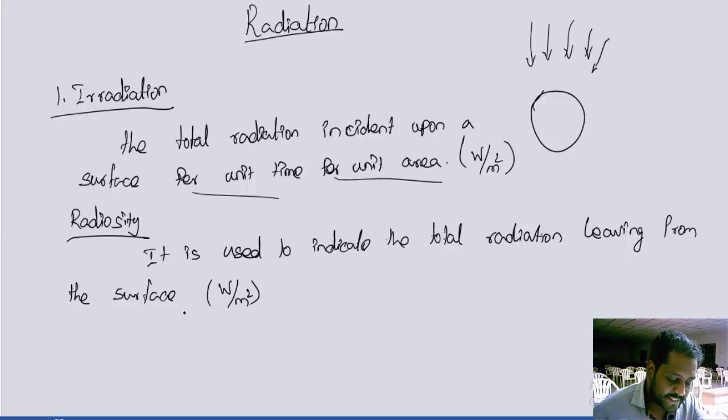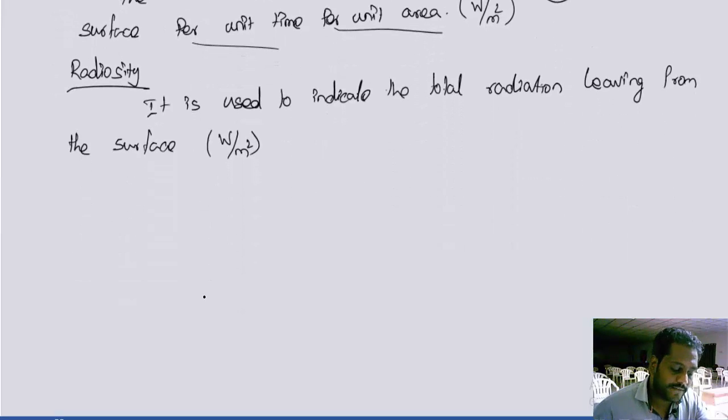Now this radiosity consists of two components. One is the radiation emitted by the surface, and the other is the radiation reflected by the surface.